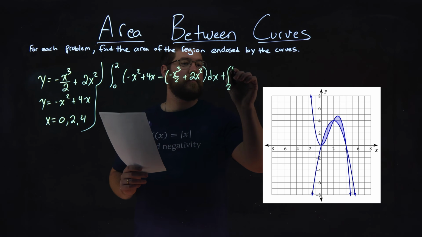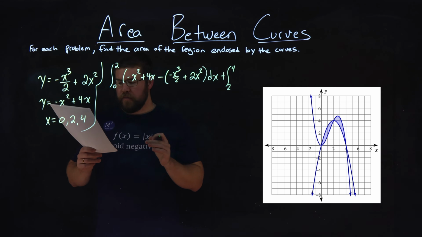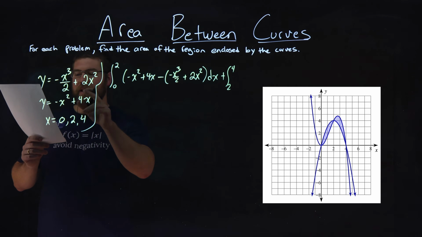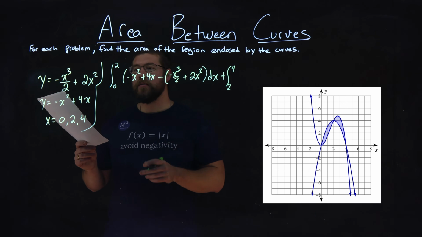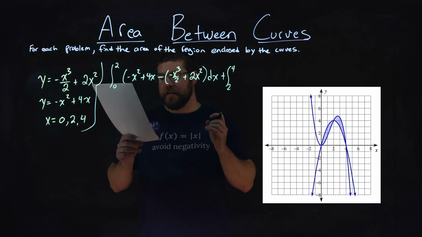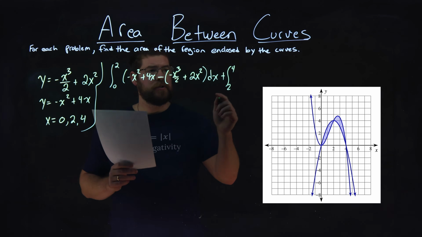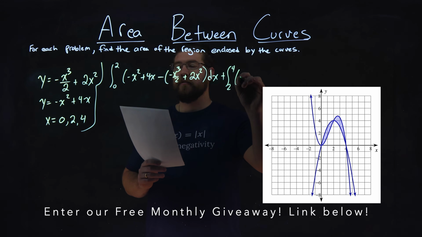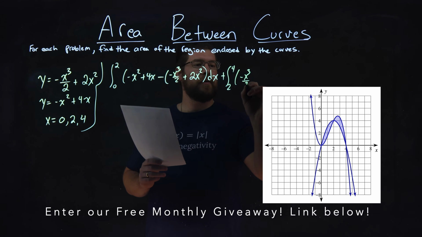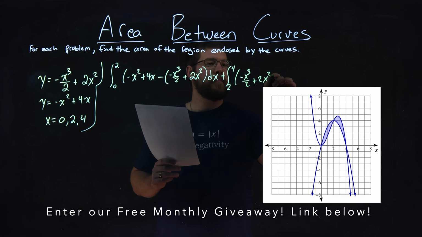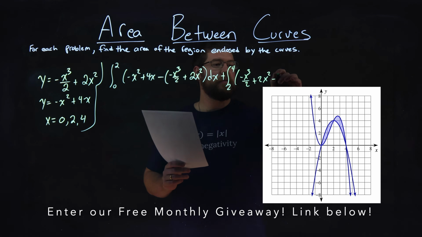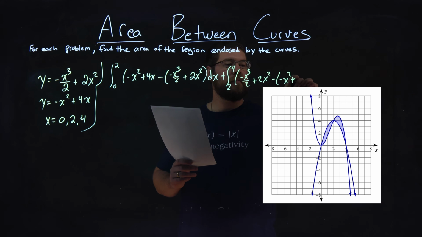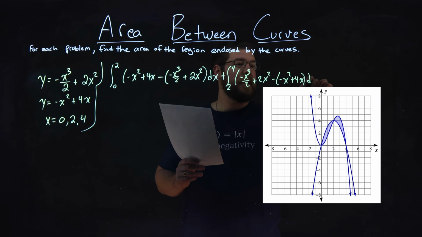This time, between that interval, the negative x to the third over 2 plus 2x squared is on top. It's the higher equation there, so we write that first. We have negative x to the third over 2 plus 2x squared minus this other equation, negative x squared plus 4x, dx.